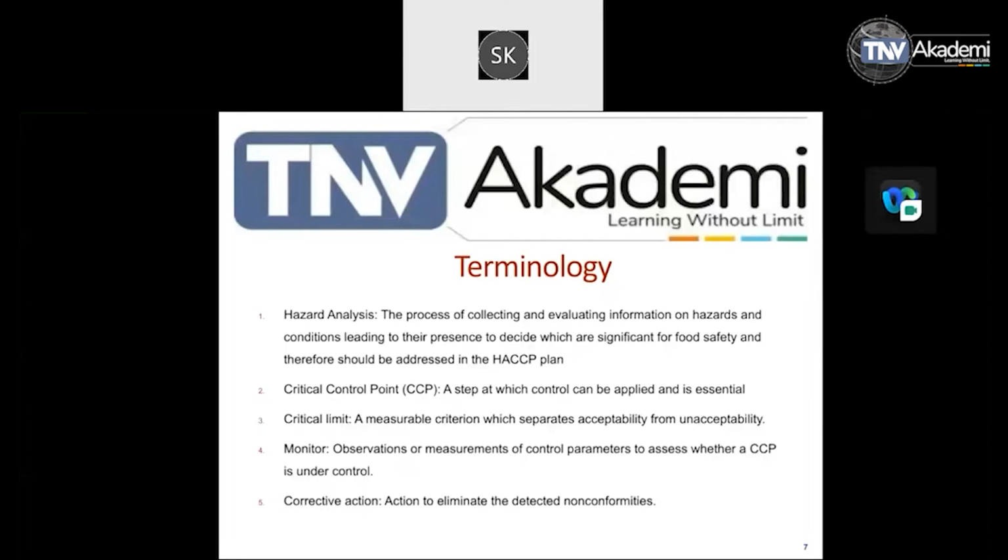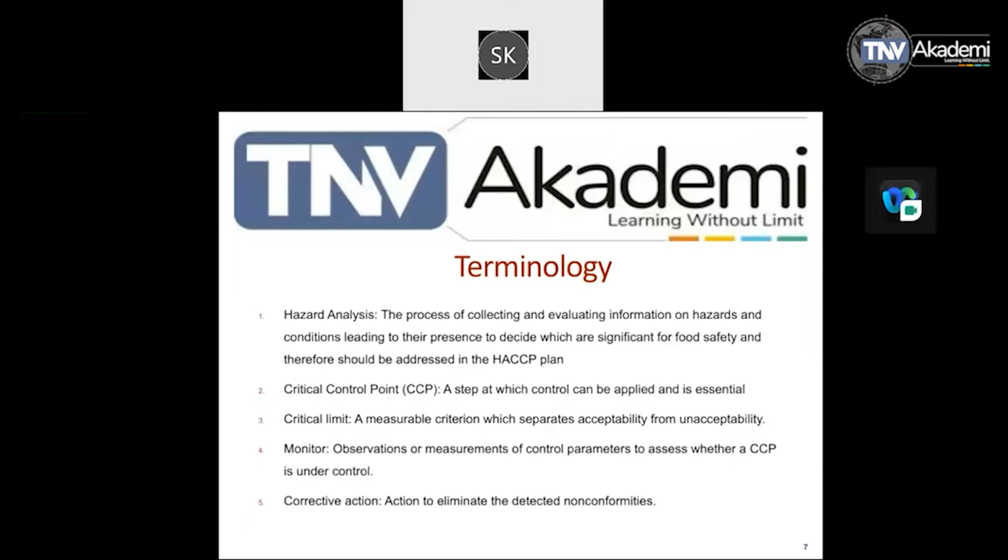So once the CCP, its critical limit, and its monitoring procedure are identified, the corrective action is also identified, because if any deviation is observed, a particular corrective or preventive action is taken against it so that the deviation or non-conformity can be reduced to an acceptable level. So these are the basic terminology used in the HACCP plan.